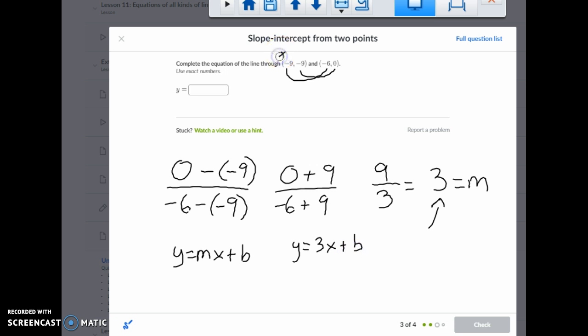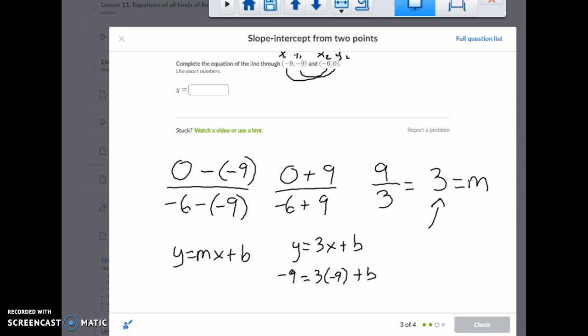We have x1 and y1, and we have x2 and y2. So remember, you could use either x1 and y1 or x2 and y2. So I'm just going to use the first one. So I'm going to say -9 equals 3 times -9, because that's my x, so those are my x and my y over here, plus b, and I'm going to solve for b.